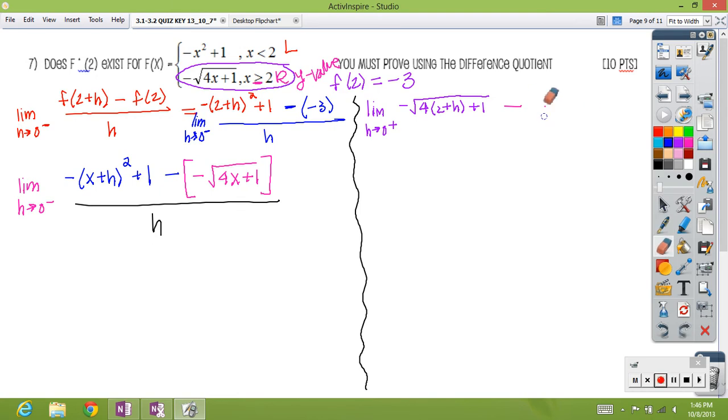I can actually do f of 2, which is right here, negative 3, all over h.